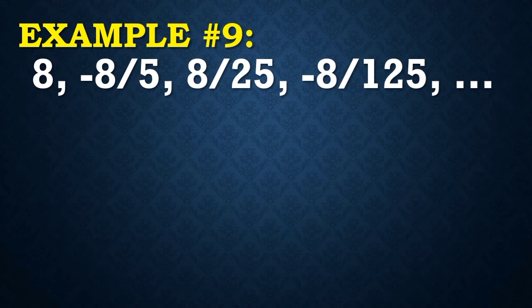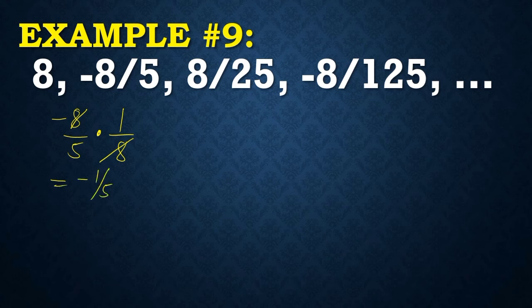And then, infinite din siya. So, to check the common ratio, negative 8 over 5 divided by 8. So, magiging multiplication, and then yung 8 magiging 1 over 8. Kukunin natin yung reciprocal. So, kinancel natin yung 8. Ang lilitaw na sagot ay negative 1/5.